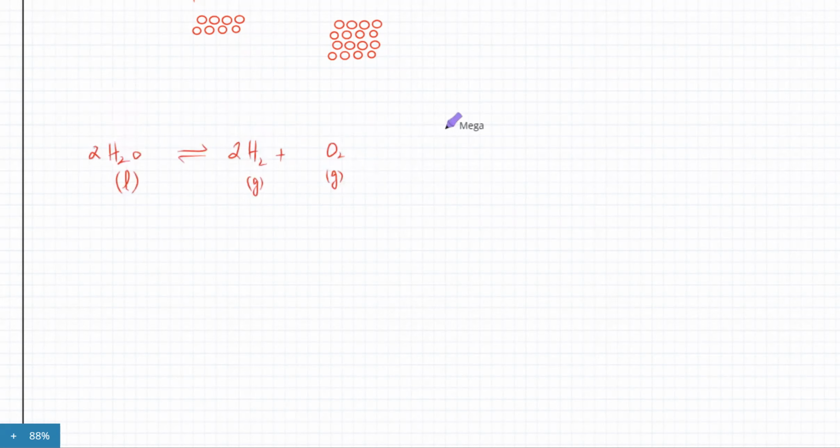The first thing is, if I increase O2, that's point number one. What will happen if I increase the amount of oxygen? Now, oxygen is a gas.